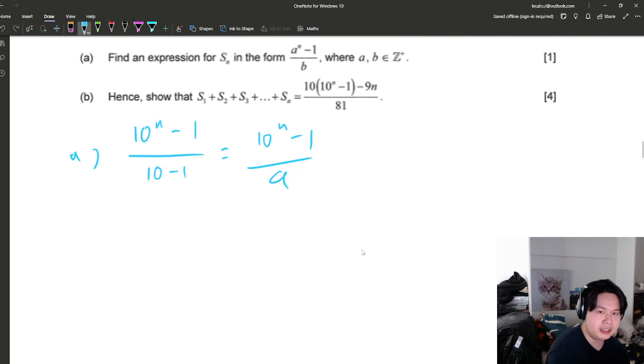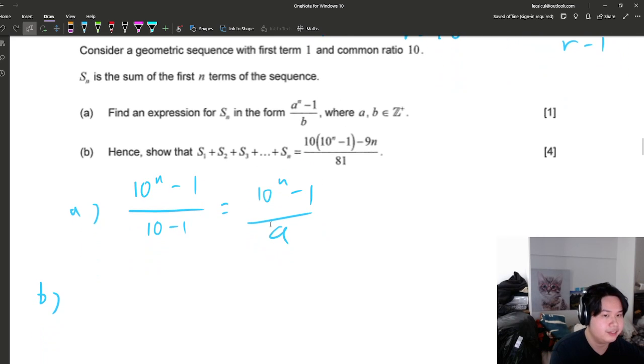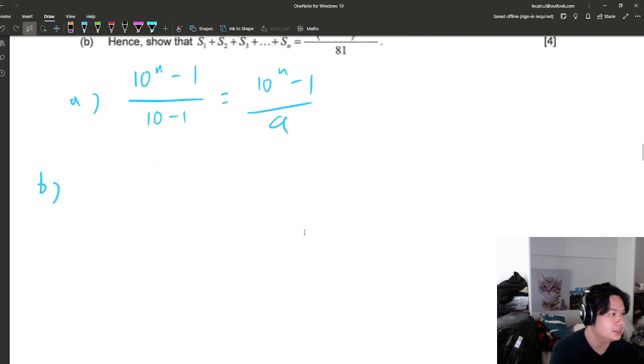And then part B. Hence show that if we do S1 plus S2 plus S3 all the way to Sn, you will get this. Okay. So we need to use our result in part A. We have a formula for Sn. So I'm going to write out S1 plus S2 plus S3 using that.